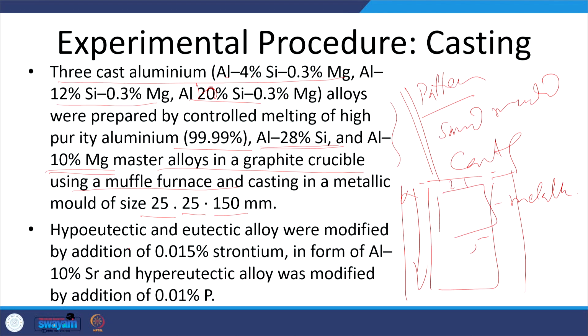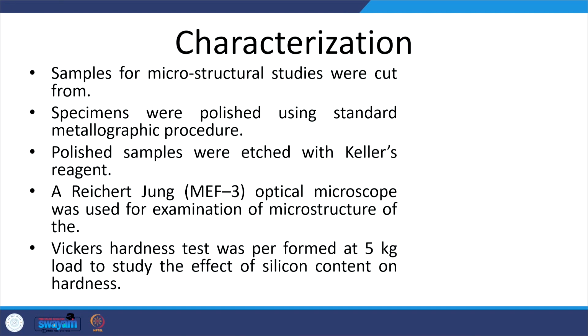Then the hypoeutectic and eutectic aluminum alloys were treated using strontium for modification, and the strontium was used in the form of aluminum 10% strontium master alloy, and the hypereutectic silicon alloy was modified with the addition of 0.01% phosphorus.